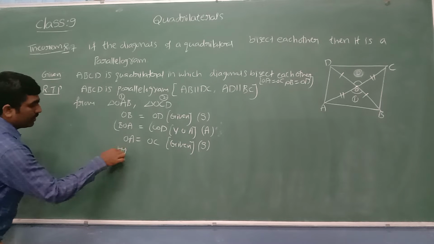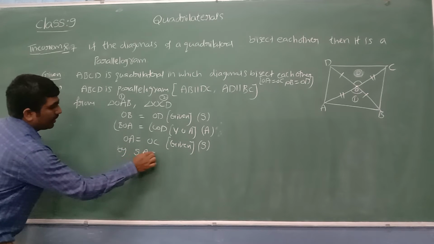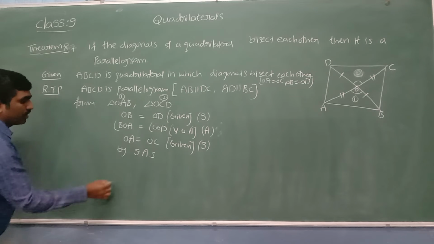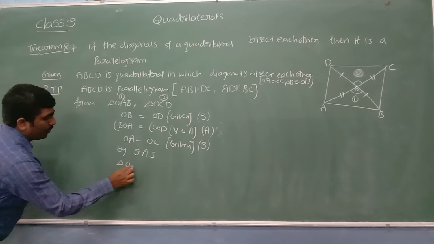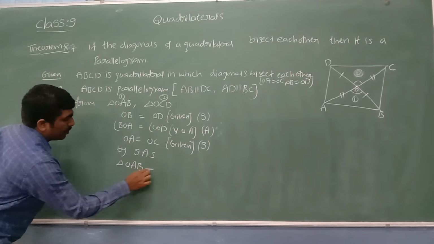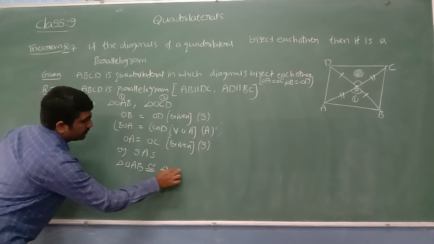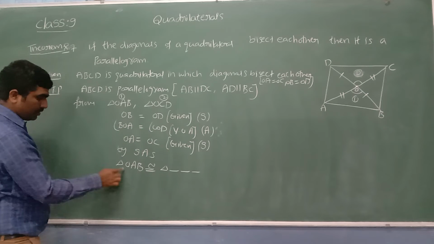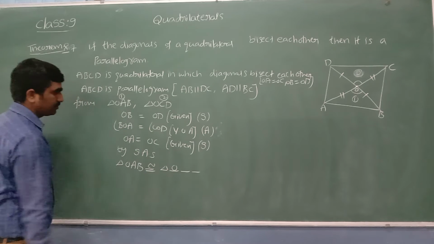By SAS criteria, we can say that both triangles are congruent. We'll write triangle OAB is congruent to triangle OCD.